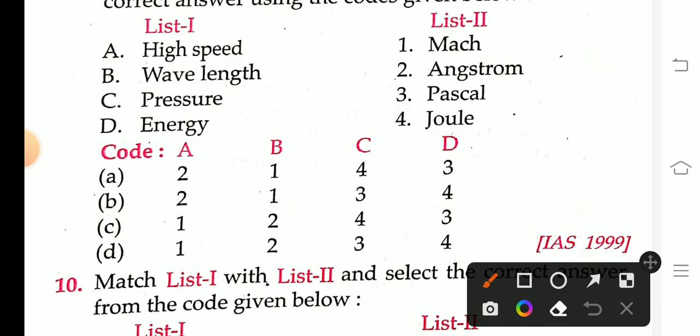List 2: angstrom, pascal, joule. High speed matches with wavelength, angstrom; pressure pascal; energy joule. Right answer D.